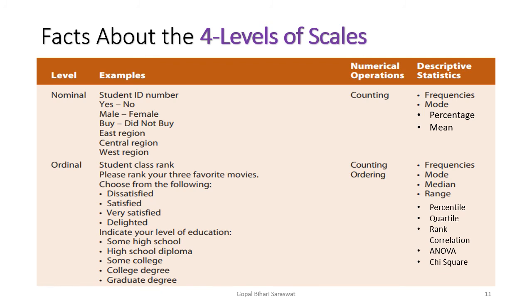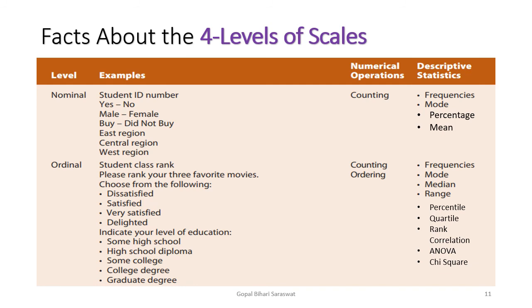For ordinal, in the case of the ordinal scale, the rank of the student or the status, like the variance of the response, like whether you are dissatisfied, satisfied, very satisfied, delighted, like this. These different ranks you are providing to your responses are part of the ordinal scale.